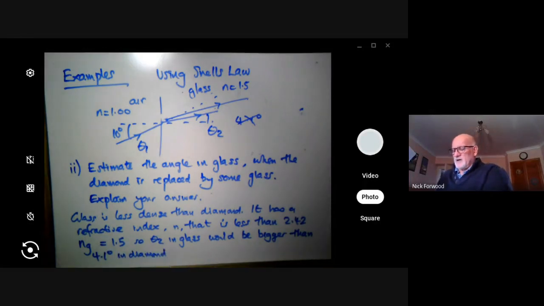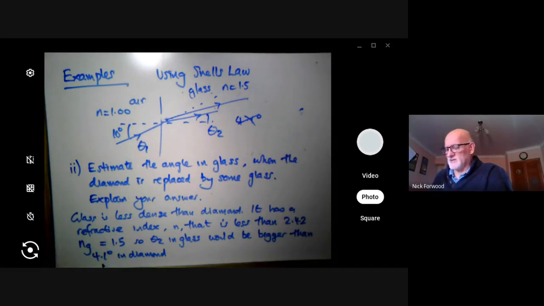And you could make a rough estimate. You could say, okay, I can compare 1.5 with 2.42, and it's not quite half of 2.42. It's a little bit more than half. So perhaps this angle isn't twice as much. It must be a little bit less than twice as much.